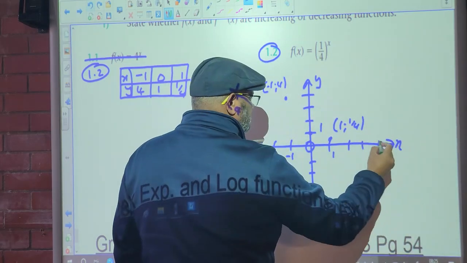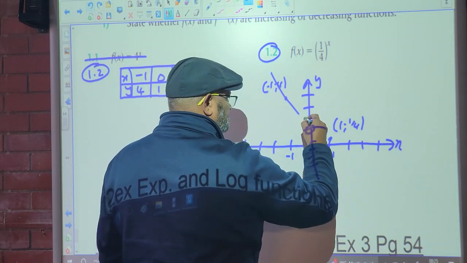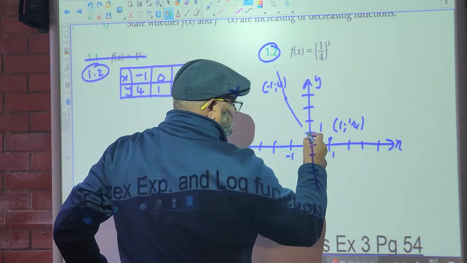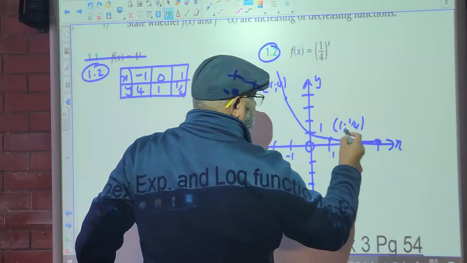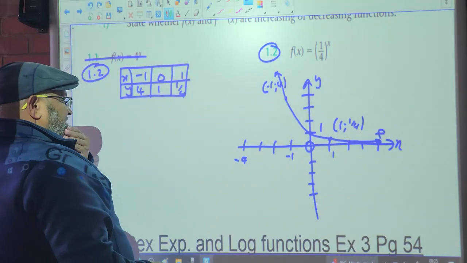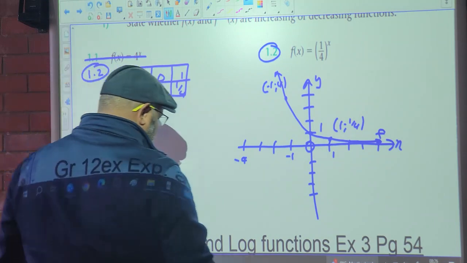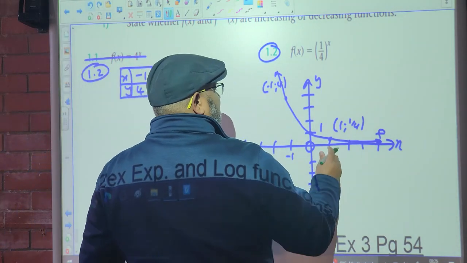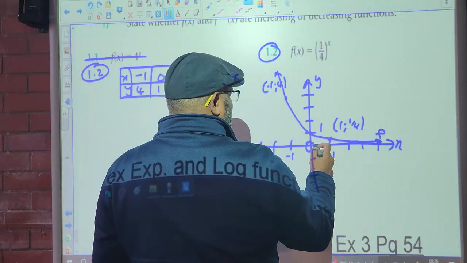So again, it's the asymptote, the graph comes close but does not touch. Here's the graph of f. And then we will look at the graph of the inverse function. So 1 and a quarter becomes a quarter and 1.